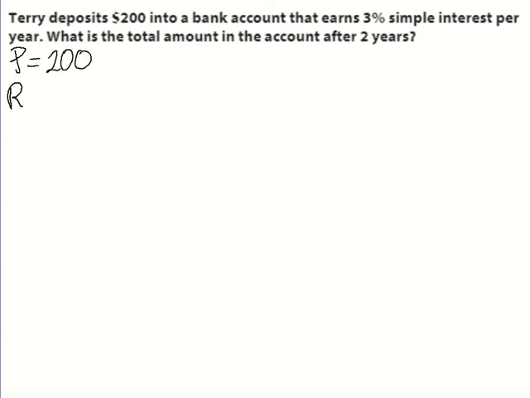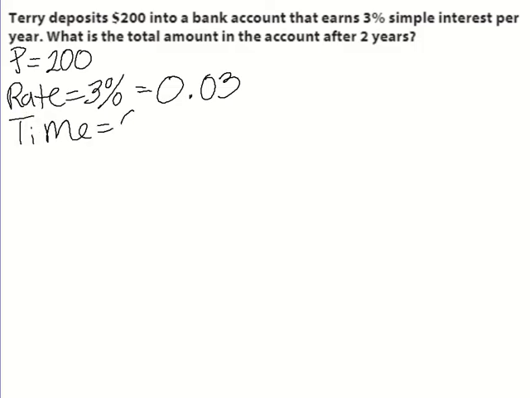We have our rate, which equals 3%. But remember, if we're going to use it, we have to move the decimal over twice, 3/100ths, and our time will be 2, because it's 2 years.